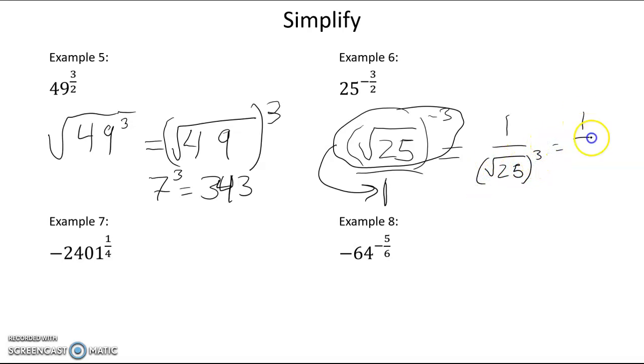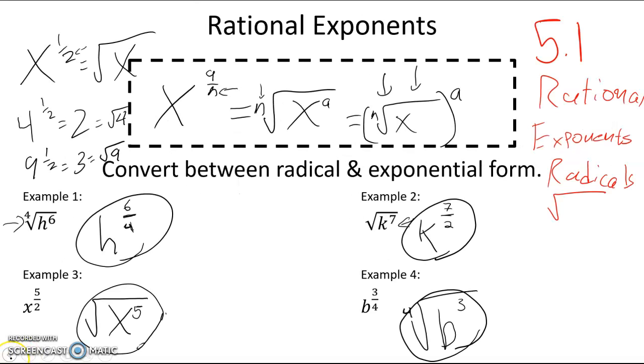And if we work it out, we get 1 over, the square root of 25 is 5, 5 to the 3rd power is 125, so 1 over 125, which in decimal is like 0.008. Okay, so that is the really basic introduction of rational exponents.